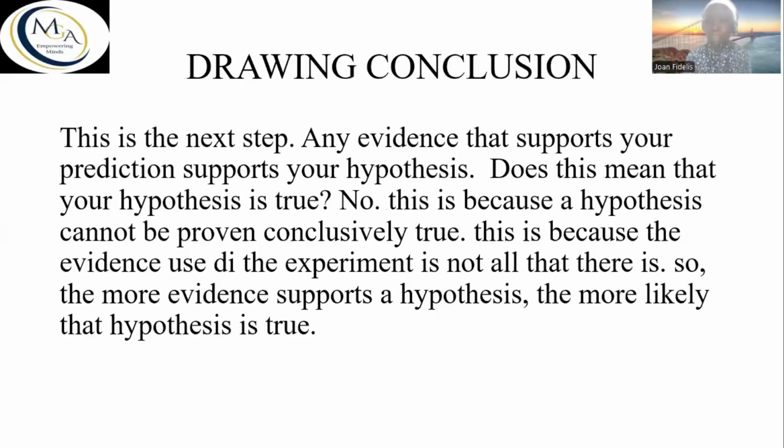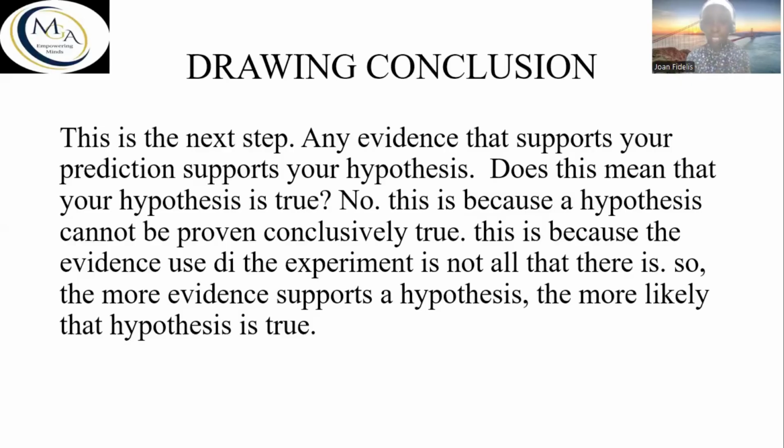This is particularly true, for example, in medicine. You find out that there are some medical practices that were looked at as being very good in the past, but now, based on the evidence that has been gathered, those medical practices are now obsolete. If they had been looked at as conclusively true, then we would be practicing a lot of things in medicine that we should not be doing now, because we believe they're true.